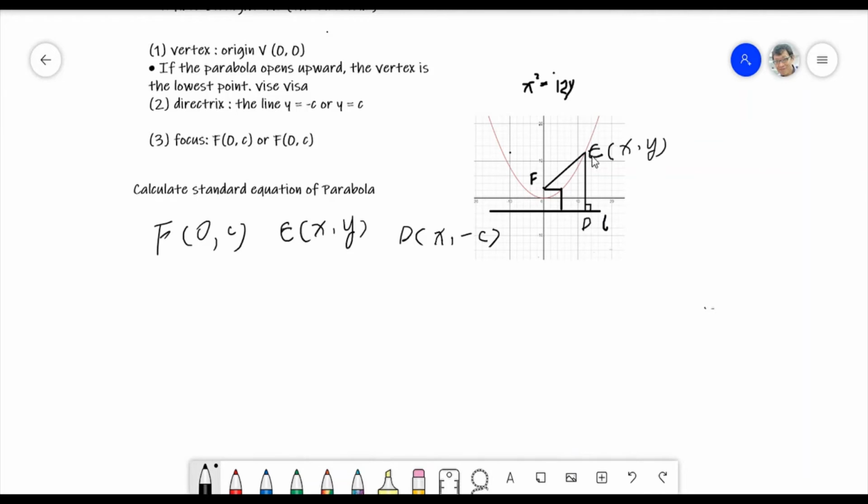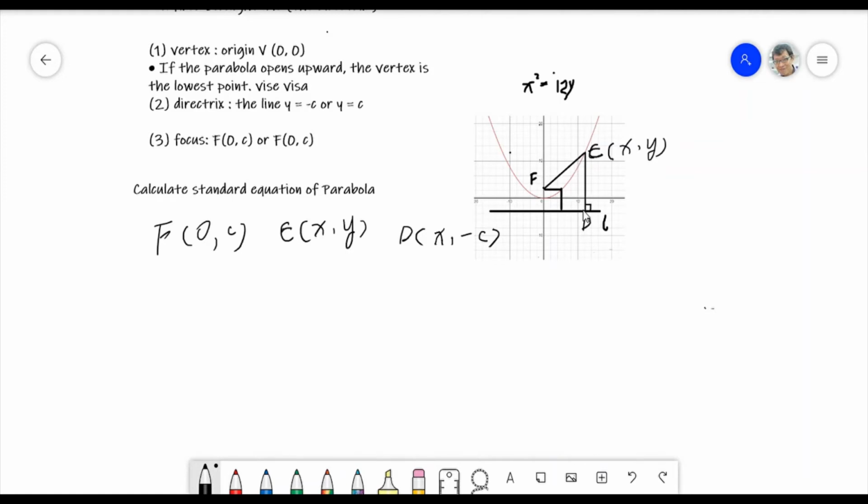E is one point on the parabola, F is the focus and l is the directrix, and D is the foot of the perpendicular from E to the line l. FE is the distance between these two points, and ED is the distance from E to the line l. So by definition, these two distances should be equal.